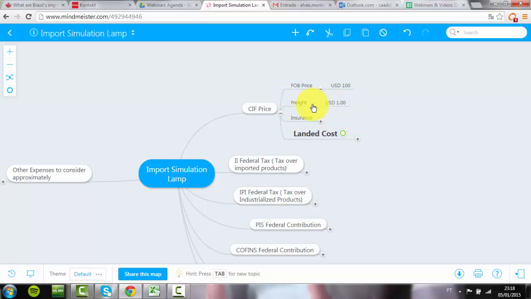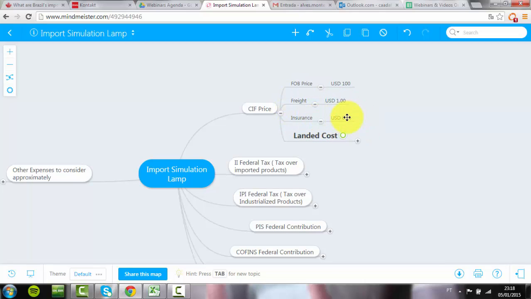I'm considering that the freight is going to cost 1% of the total FOB price, and the insurance 0.55%, or 55 cents on the dollar. So the landed cost before the product goes through customs in Brazil is $101.55.